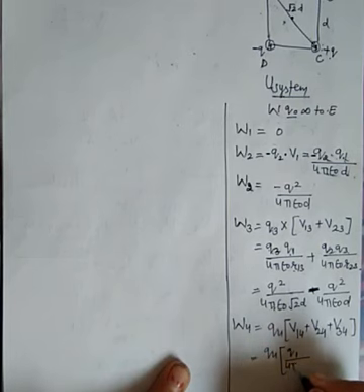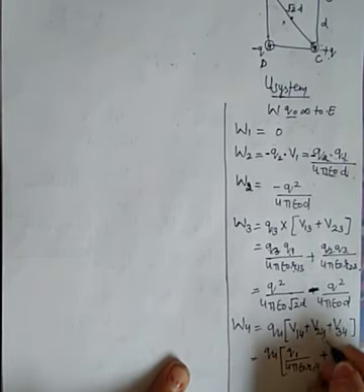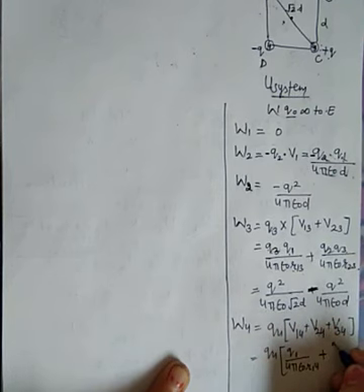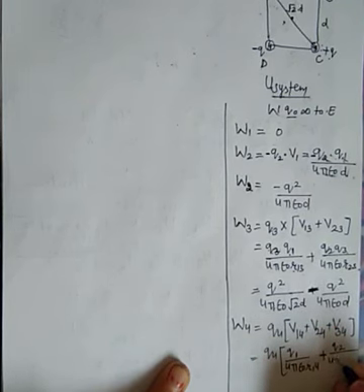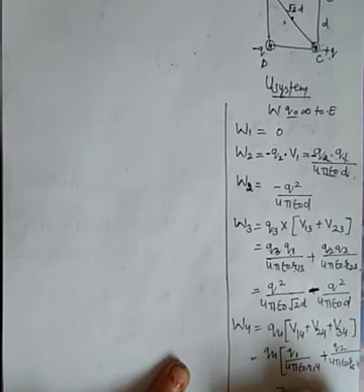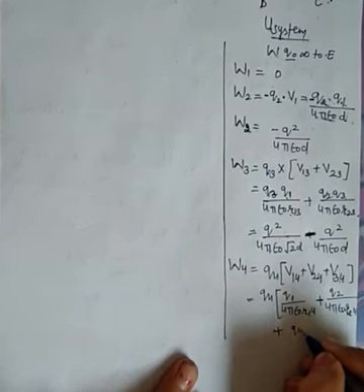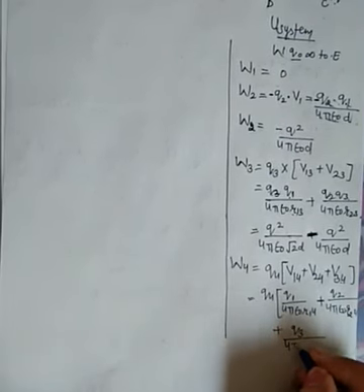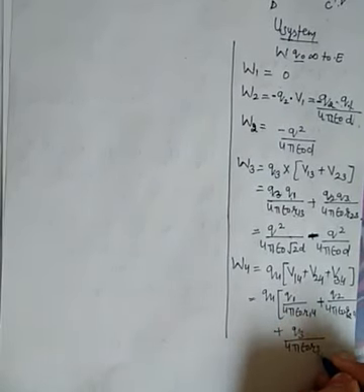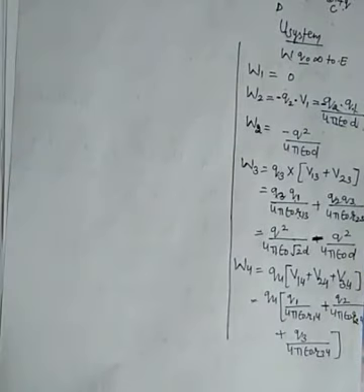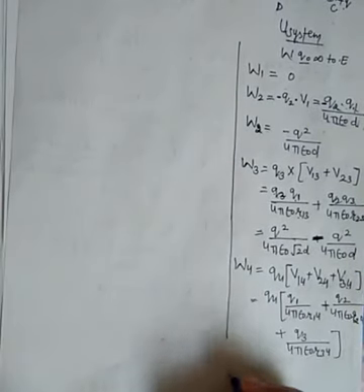Q1 upon 4 pi epsilon naught R14. The second, Q2 upon 4 pi epsilon naught R24. The third charge, Q3 upon 4 pi epsilon naught R34. In this way we can add these to get the result.